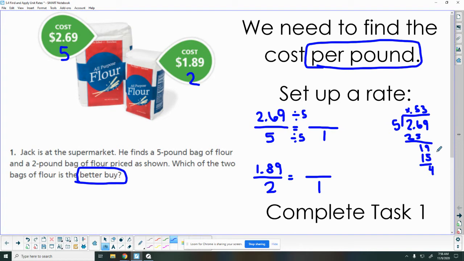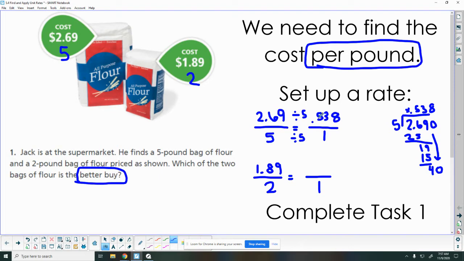I have 4 left over, and I can't have a remainder when I have a decimal. A decimal is a remainder, so I can add another 0 because there's still 0 in that place and bring that down. And 5 goes into 40 exactly 8 times. So this answer is 0.538. But when we're talking about money, we usually only use 2 decimal places.